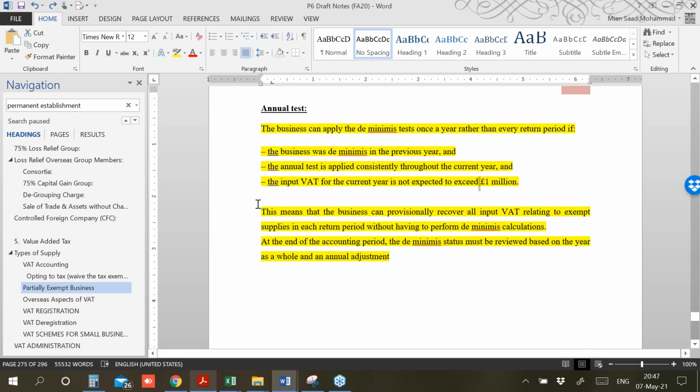If you satisfy all three conditions, HMRC will allow you to conduct the test once a year rather than every quarter. So this will save administrative cost as well as time.